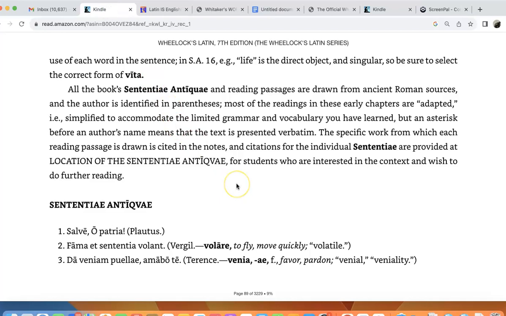All right, let's actually get into the exercises here. So again, I'll just do this orally, but you want to write this down. So we have Salve, O Patria, from Plautus. Remember, this Wheelock's Latin is based on classical sources. Now, these are adapted sentences at this point.